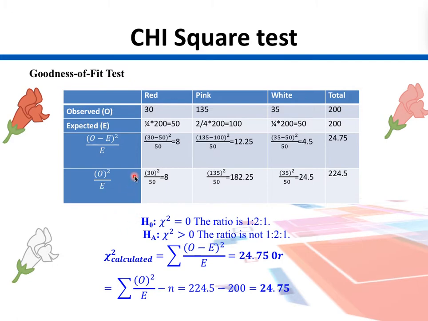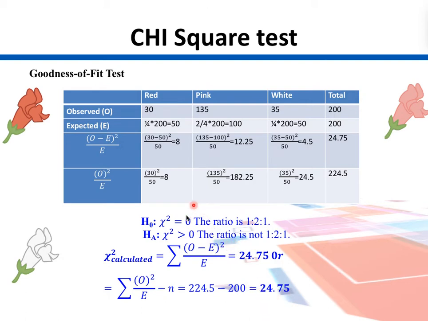We can also calculate this chi-square with the other formula, that is O squared by E for the individual ones, then we sum them up, and we subtract the total number, that is the sample size 200, from this number, and the remaining thing is our chi-square. So whether you go this way or this way, in both cases our chi-square is the same.